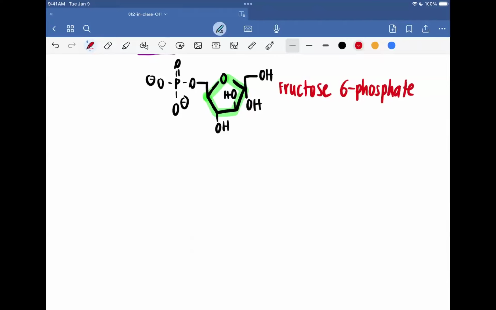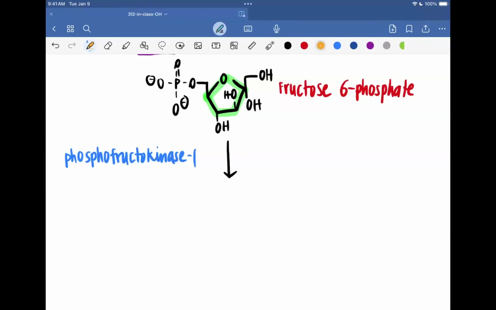Our next step is another irreversible process. And this is going to be a reaction catalyzed by phosphofructokinase 1, also called PFK1.